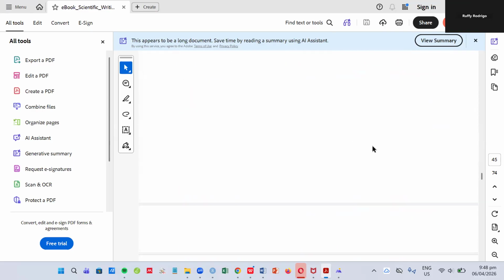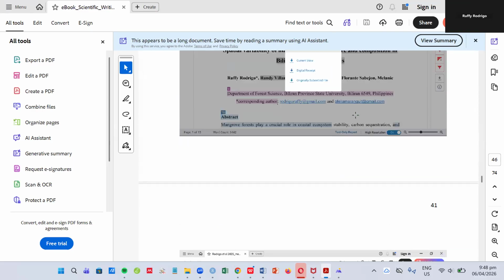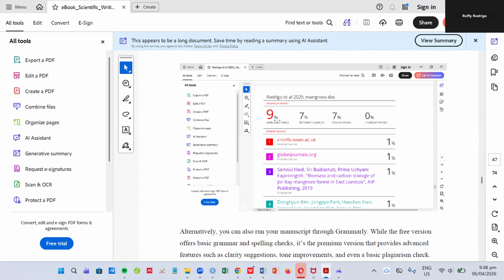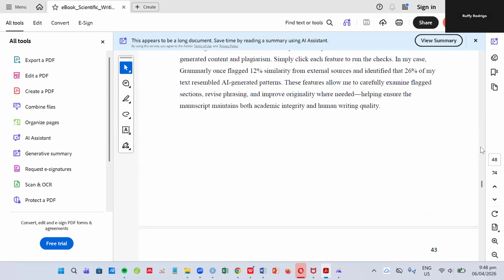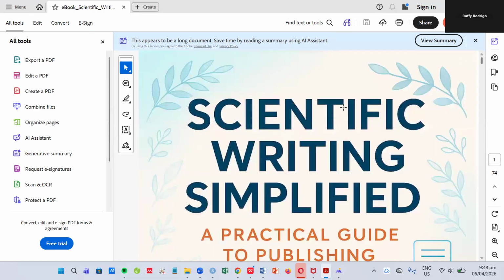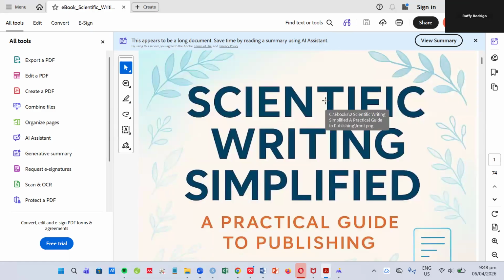It depends on the journal, but other journals don't really require that. But again, it depends on the journal. That's why first you need to check.